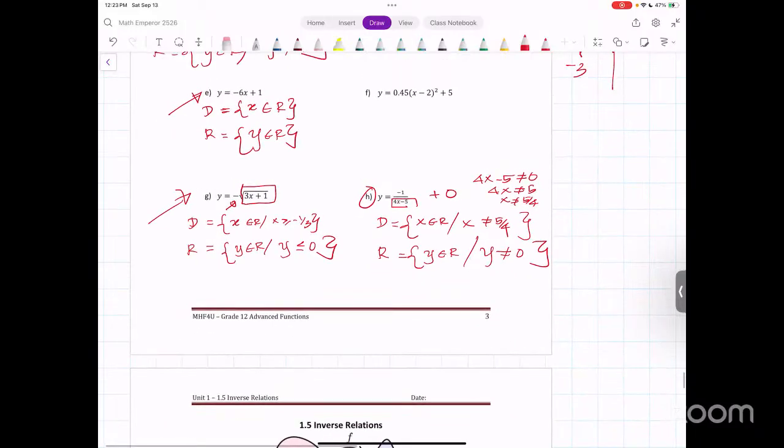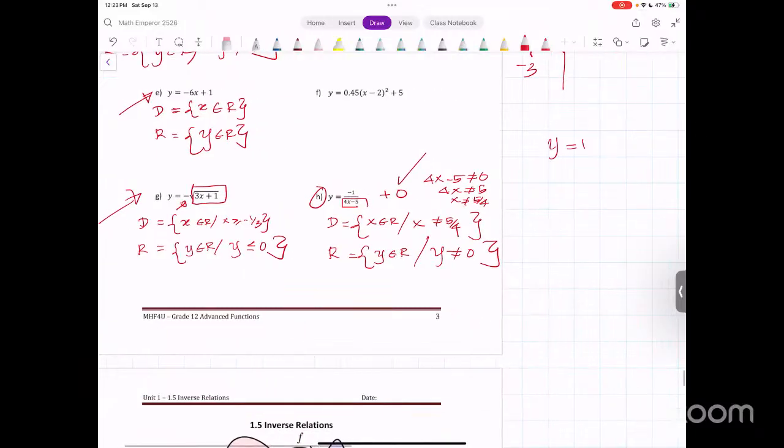For y equals 1/x, the domain is x belongs to the reals, x not equal to 0, but the range is y belongs to the reals, y is not equal to 0. When there is no c value here, that does not mean it's nothing. Y cannot take 0. Make sense?